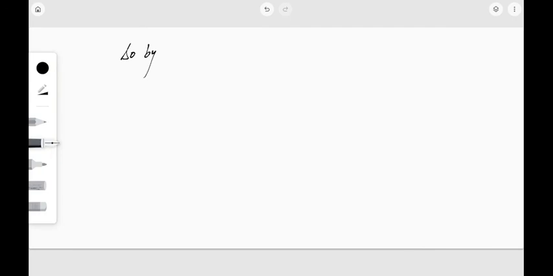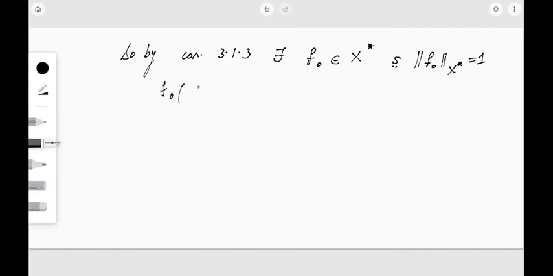So by corollary 3.1.3, there exists a linear functional f dot such that its norm is 1 and f dot acting on the element in the unit sphere. What was the element in the unit sphere? It was x dot by norm of x dot, right? f dot of x dot by norm of x dot is equal to 1.